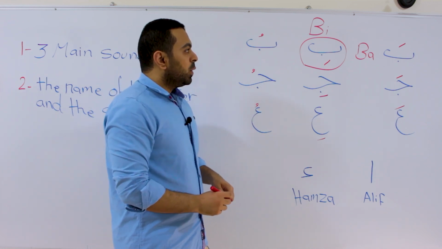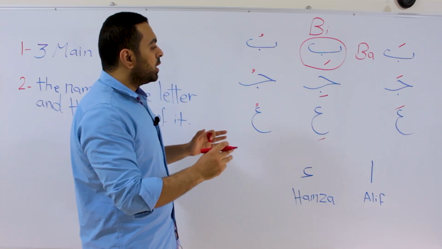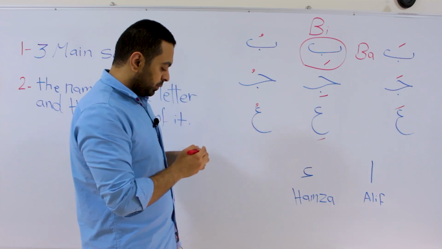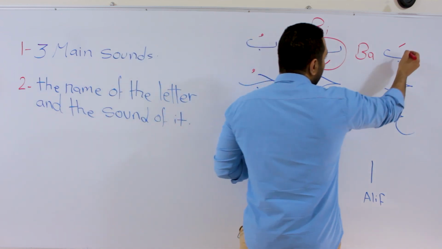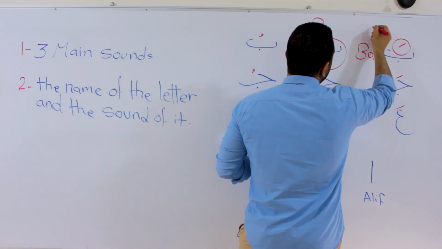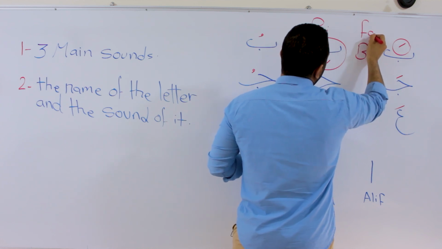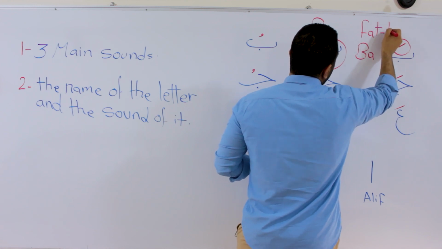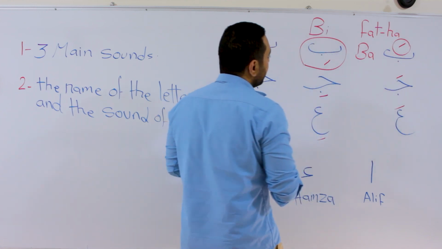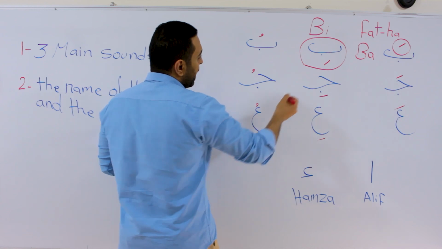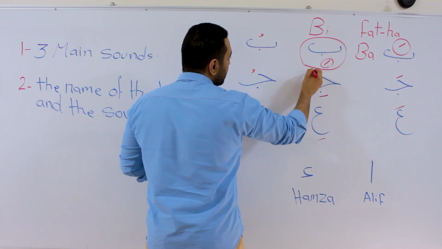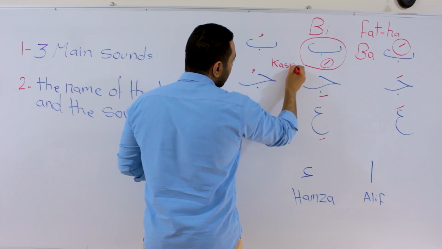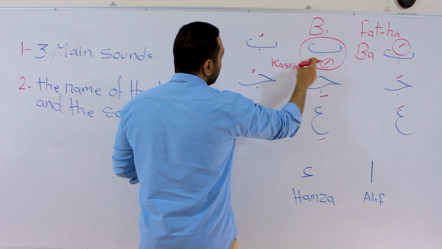Now, what is each mark at the top of or down each letter called? This one is called Fatha. And this one is called Kasra.